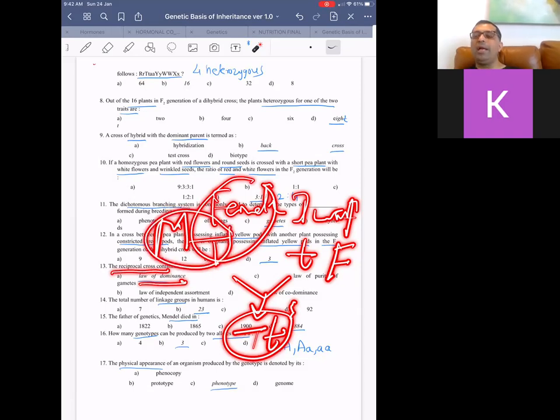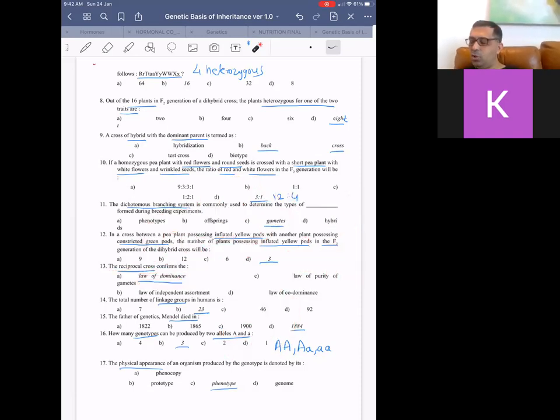Tallness has got nothing to do with ovule and dwarfness has got nothing to do with pollen grain. ऐसा नहीं कि ovule या pollen grain पे dominant है. जो भी gene है, चाहे वो female में हो या male में हो, अगर वो factor dominant है, तो वो F1 generation में express होगा. And that is called as a reciprocal cross. It confirms the law of dominance.